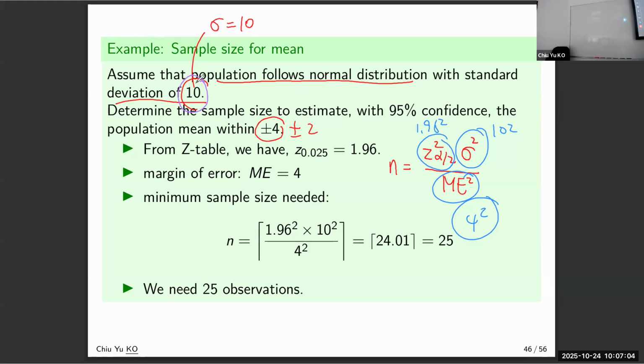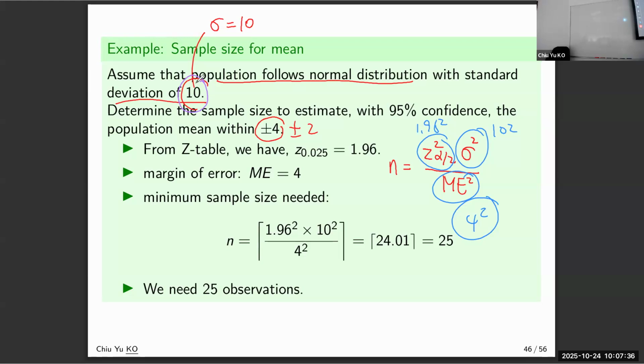For example, I get 10 here because in my mind I think of IQ. IQ usually should be within 70 to 130 when you talk to a normal population. Then the SD will be 10 because the range is 60, and 60 divided by 6 is 10.